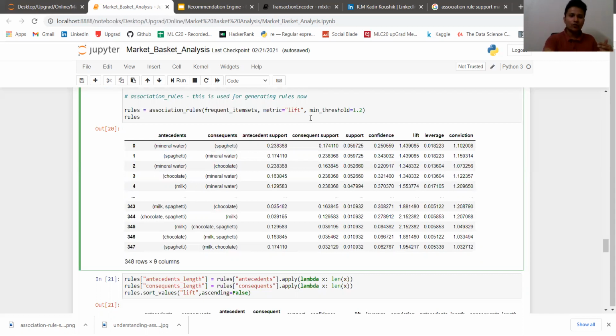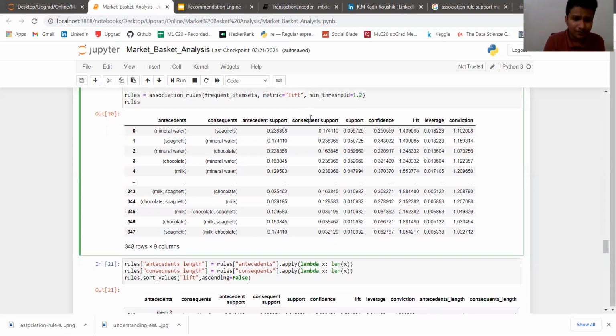So obviously we want to find those products which have a lift score more than 1, so that we can understand that people who purchase product A are highly likely to purchase product B. So we're taking a minimum threshold of 1.2 for lift.